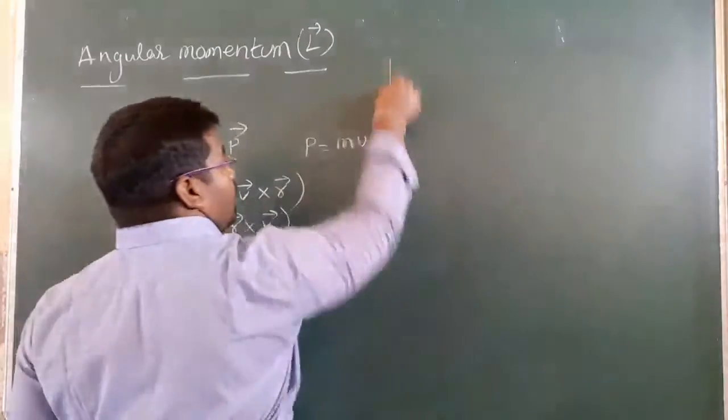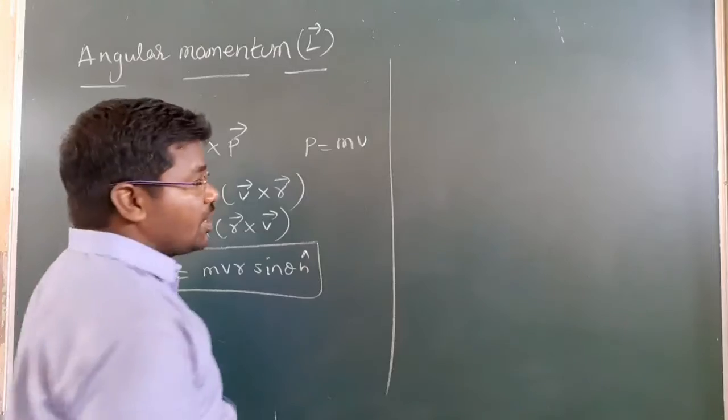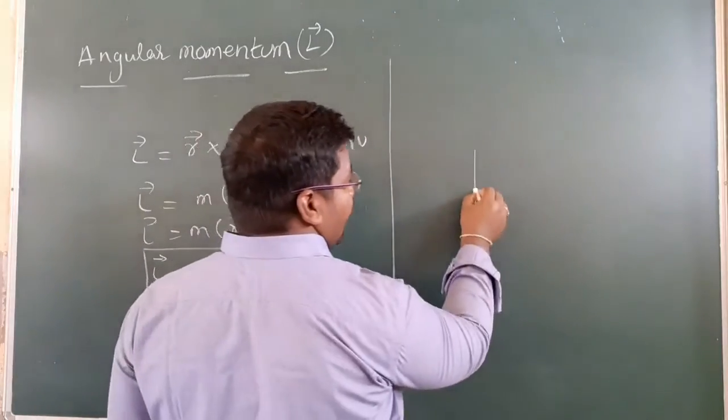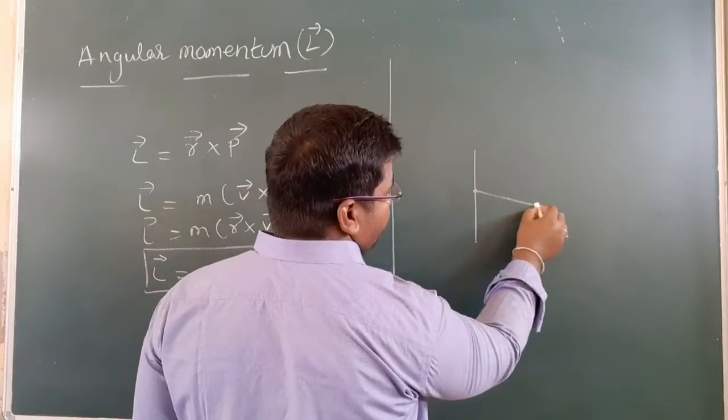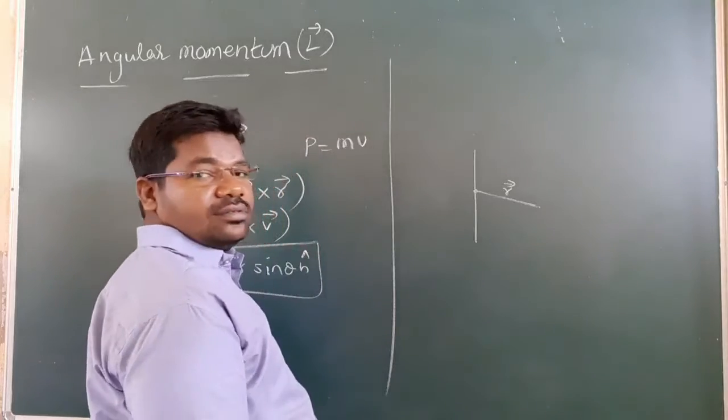So see here how we can derive this formula. Consider one axis and consider one rod. The radius of the rod is r. We have a mass at the end of the rod, which revolves around a particular axis.